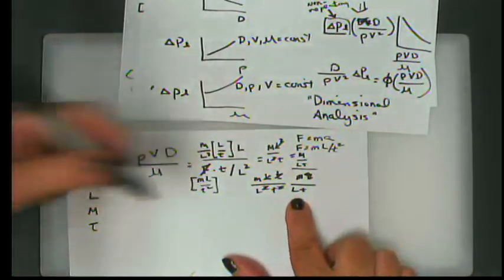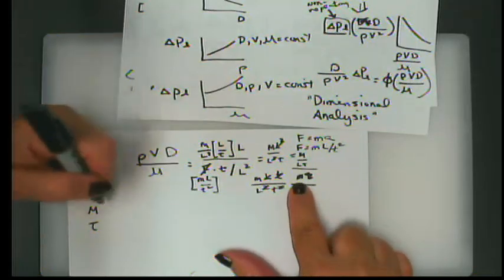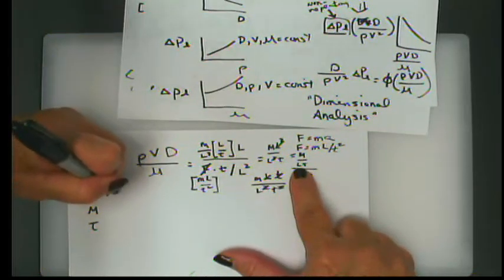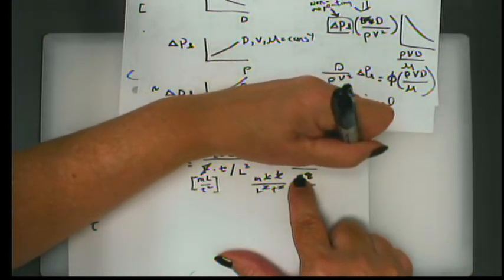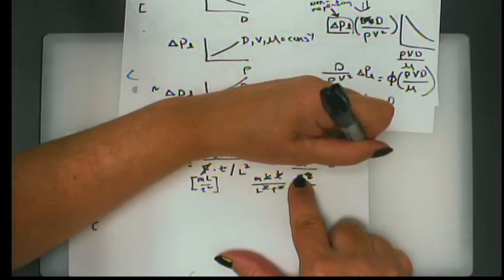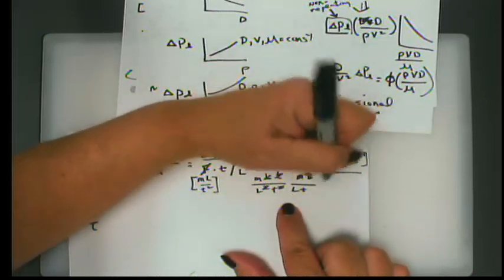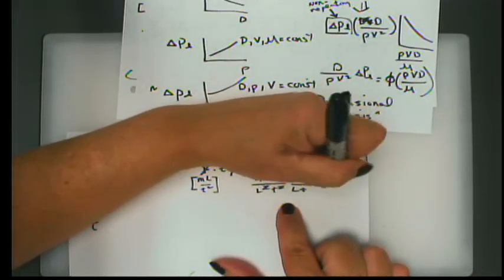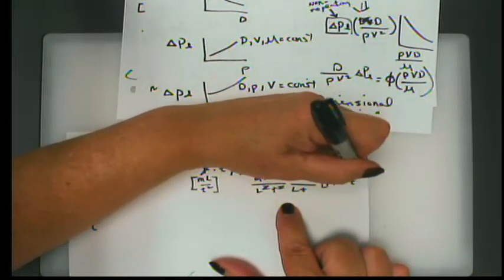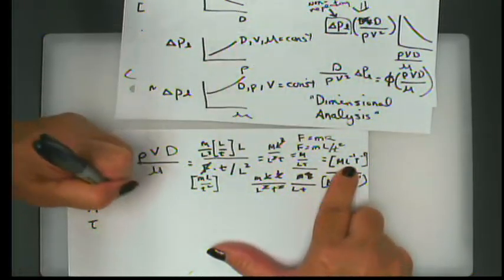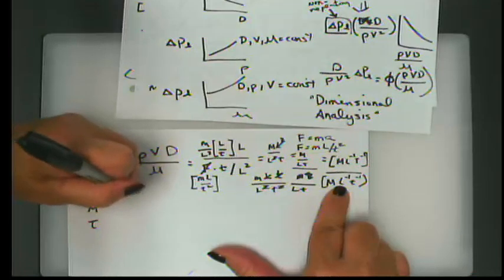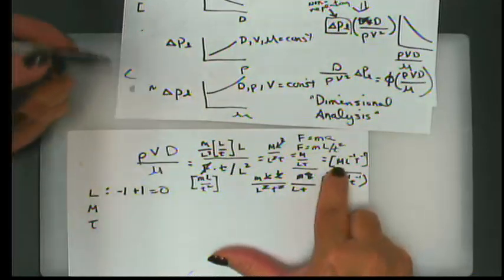Okay, so as you can see then, if I take it from these simplified groups, my length here I would have, let's go ahead and write it in this form, mass L to the minus 1 T to the minus 1 over mass length to the minus 1 T to the minus 1. And if I look at length in that way, I can say minus 1 minus the minus 1, which is plus 1 or 0.